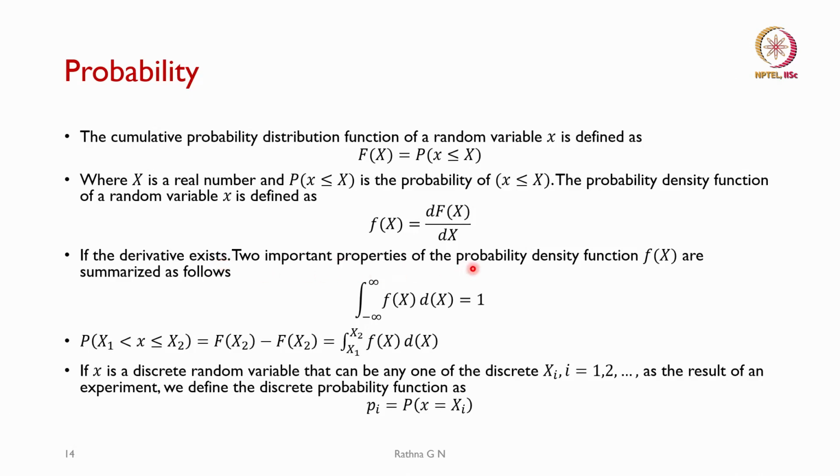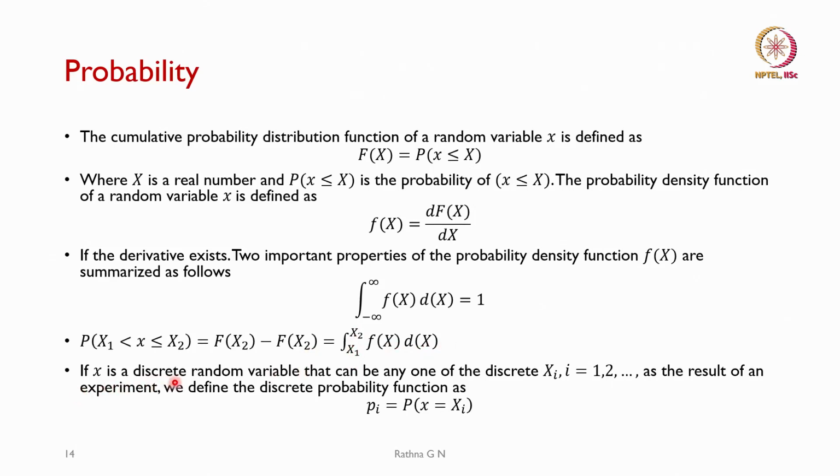Two important properties of the probability density function f of x are summarized this way: the integral from minus infinity to infinity of f of x dx is equal to 1, and the probability that x lies between x1 and x2 is given by F of x2 minus F of x1, which is nothing but the integral from x1 to x2 of f of x dx.